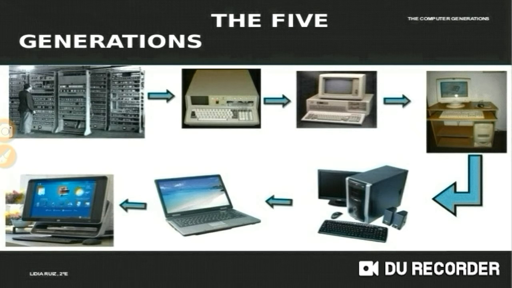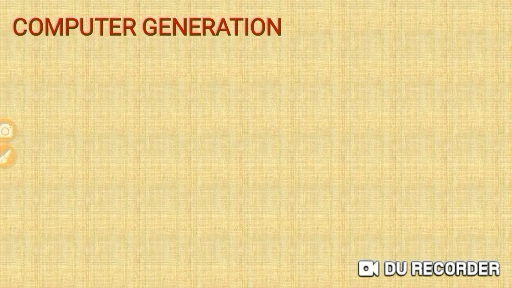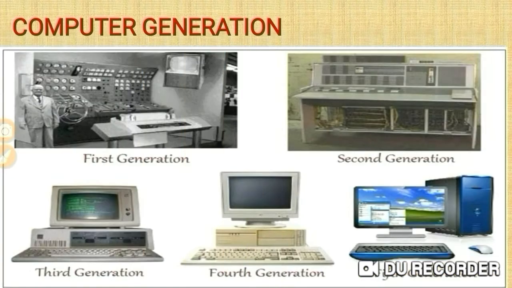This is possible due to the technology they used. Computer generations. You can see in this slide the first generation computers, the size, second generation computer, third generation computer, fourth generation computer, and fifth generation computer.